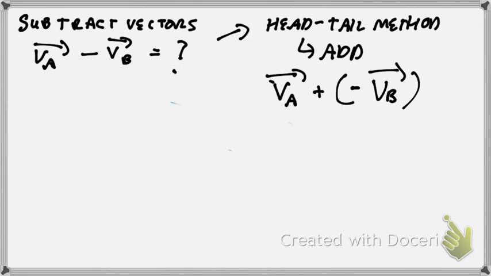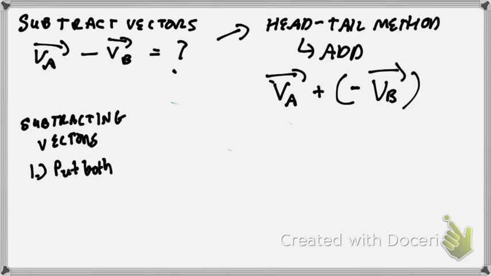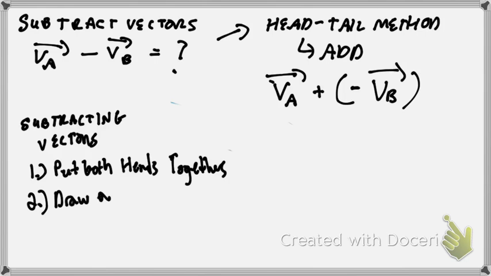So when you're subtracting vectors, you have to put both heads together, and draw a line along both tails.